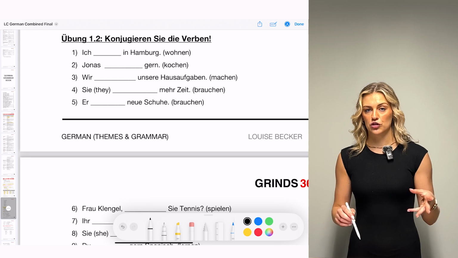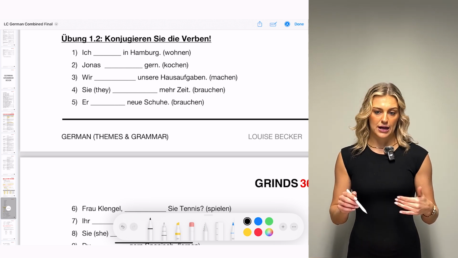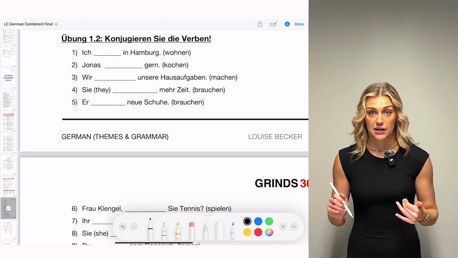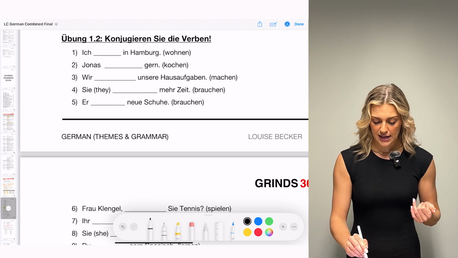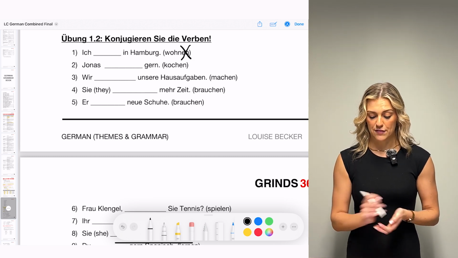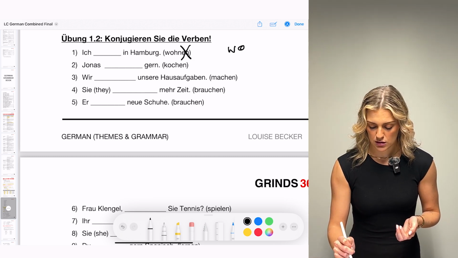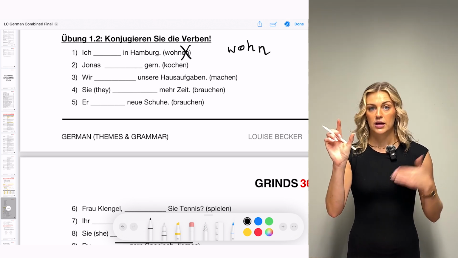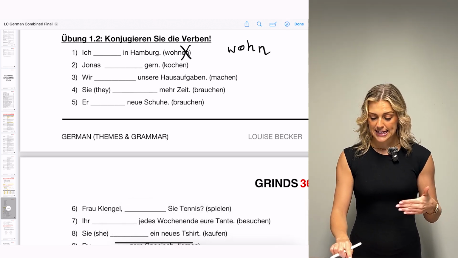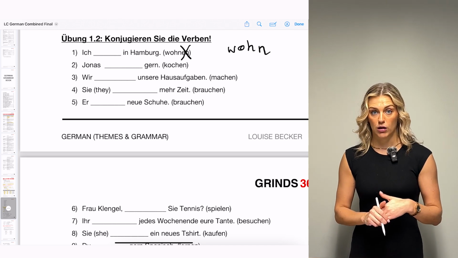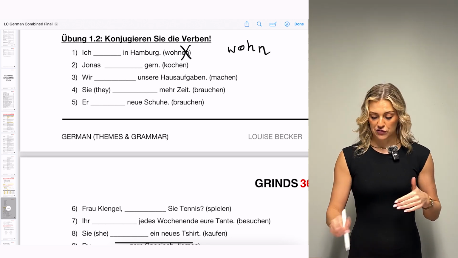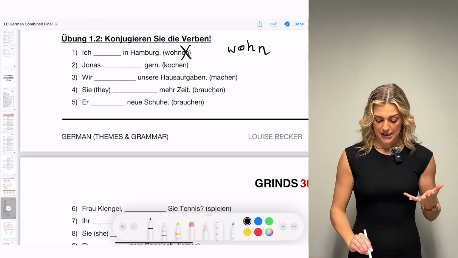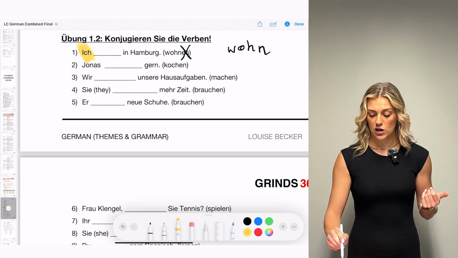First thing I have to do before I add on any ending is I take off my en or n. So wohnen ends in en. I get rid of that. I'm left with wohn, okay? Left with my stem. Now I add on an ending to that form of the verb, all right? So I have to look at who's doing my verb and that'll tell me what my ending is. Ich, I am doing the verb.